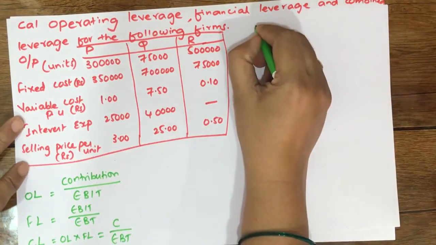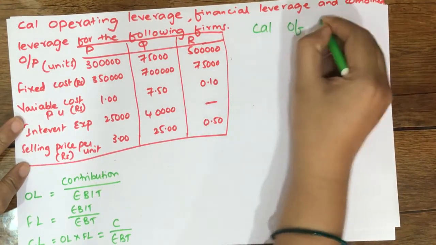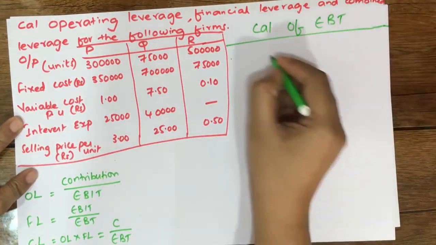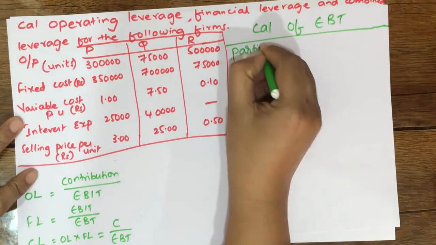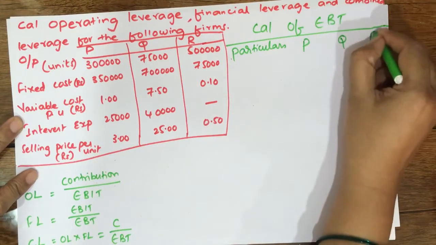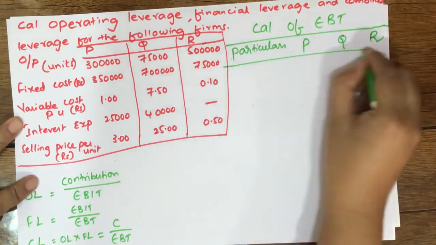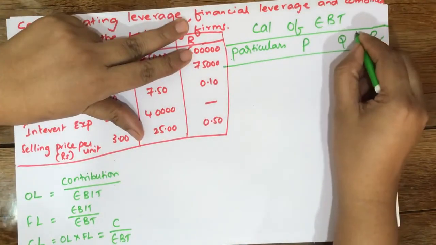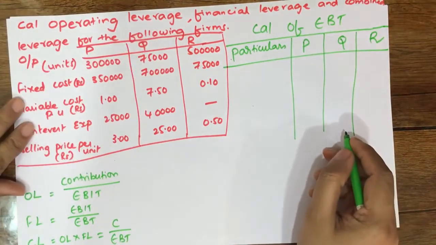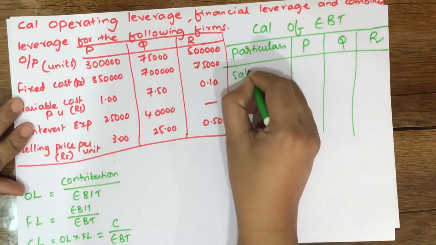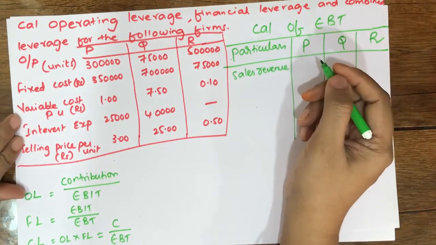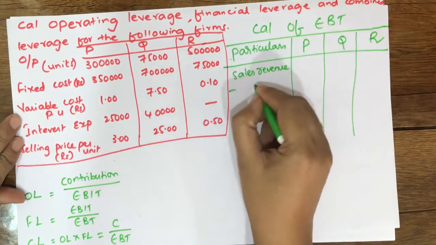So let us start with the calculation of EBT. We have three firms P, Q and R, and the given data is like this. Sales minus variable cost is obviously contribution.